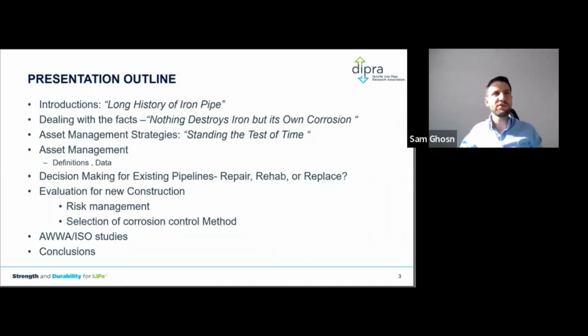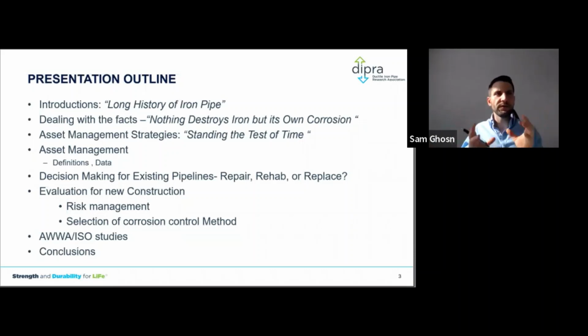Evaluating for new construction, what kind of risk-based approach do we take these days as iron pipe professionals and even municipal engineers across North America in handling the risks of corrosion, and how can we monitor those risks and weigh the consequence of a failure in regard to the likelihood of corrosion.